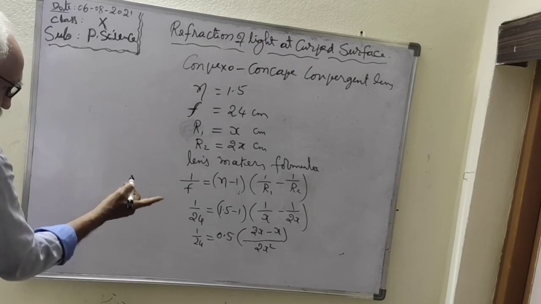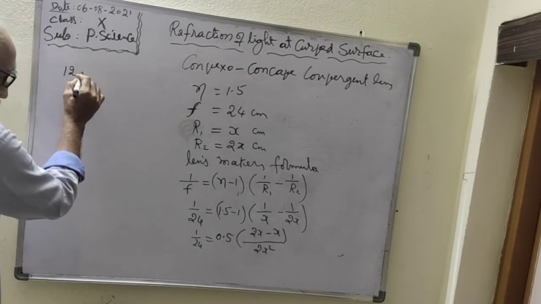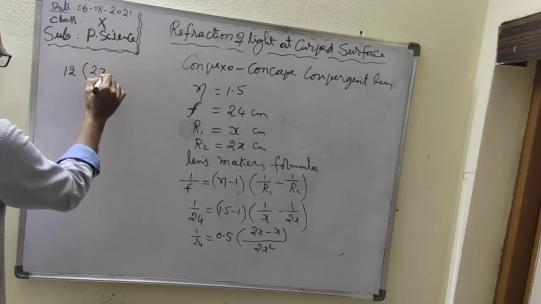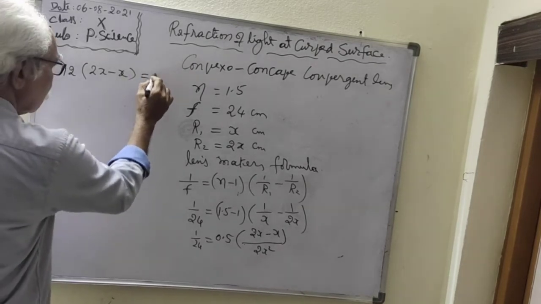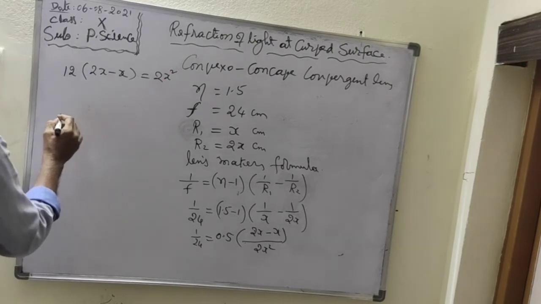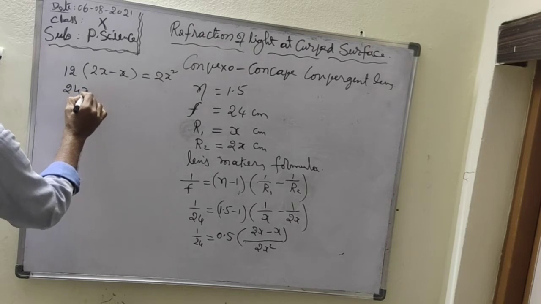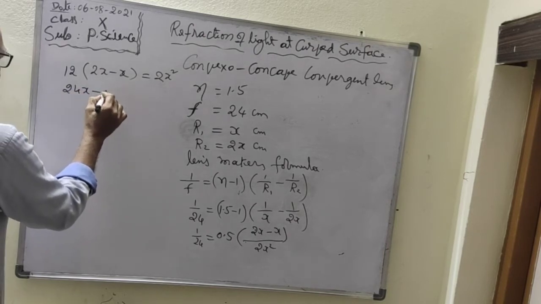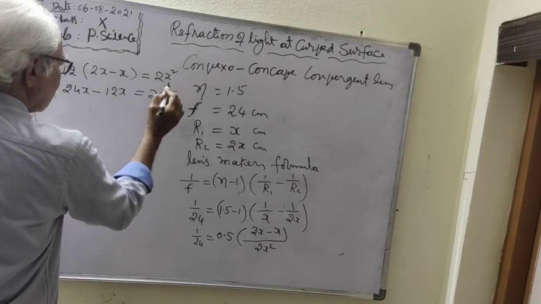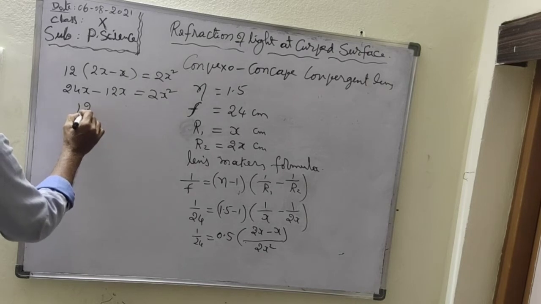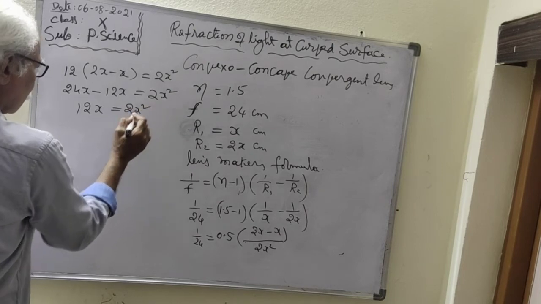Then from this equation, 24 into 0.5 is 12. 12 into 2x minus x is equal to 2x square. So 24x minus 12x is equal to 2x square, then 12x is equal to 2x square.